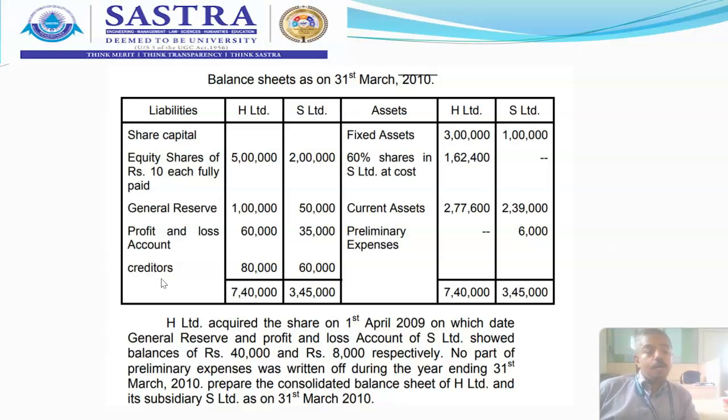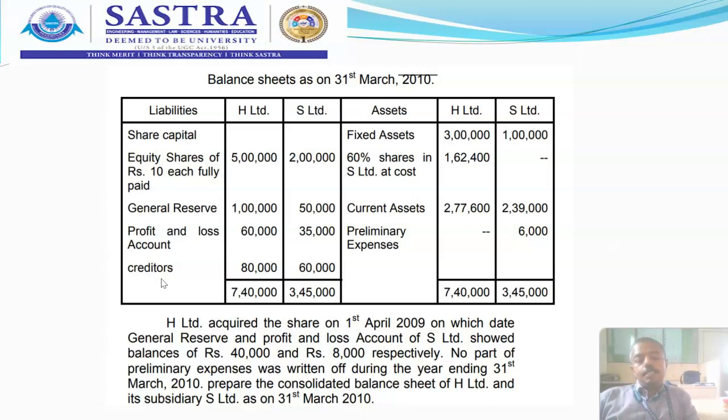Now, how much has been increased or decreased? Yes, it has been increased because last year it was 40,000. Now this year balance sheet shows this as 50,000, which means 10,000 has been transferred from the profit and loss account to general reserve.